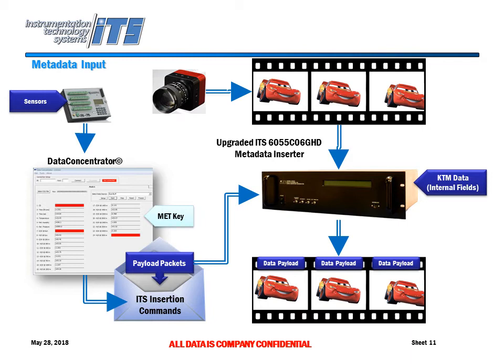In any of those cases, what will happen is at the time of capture, the video will come in from some camera asynchronously and go into our insertion unit. The payload packets will come in asynchronously at a higher rate, hopefully, and the data will then be inserted into the frame as each start of the frame up here in the corners begins. We'll sample this data packet, the last packet that we had, and put them into the video.